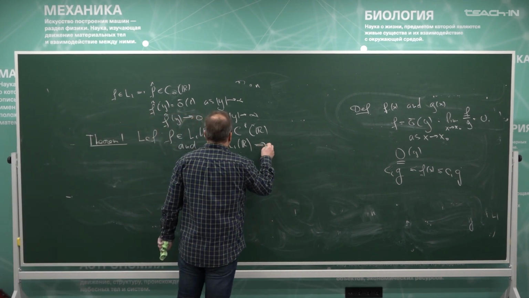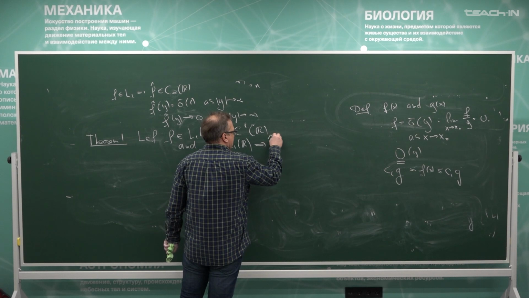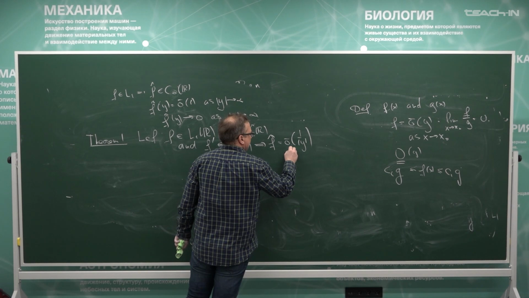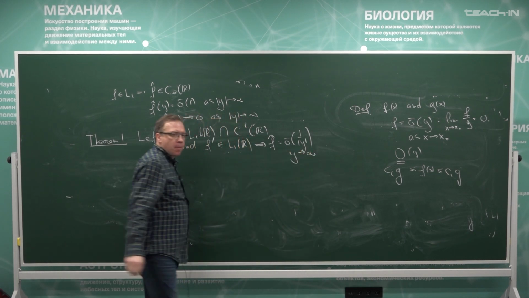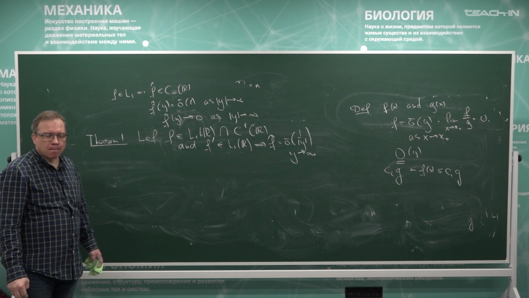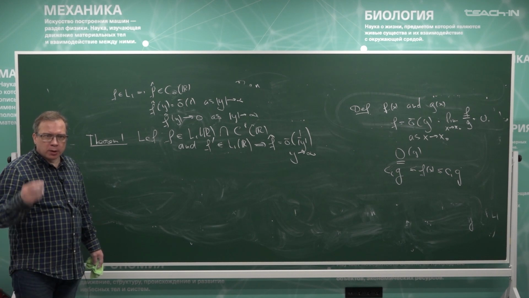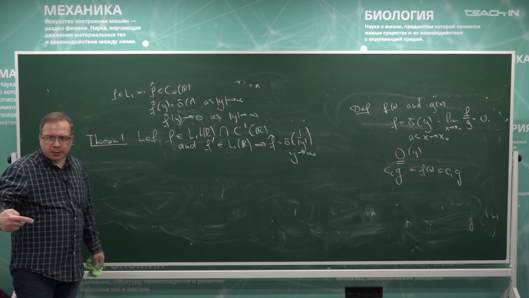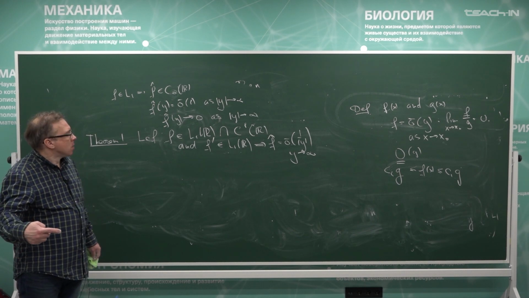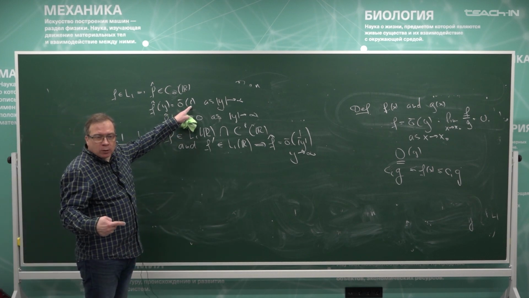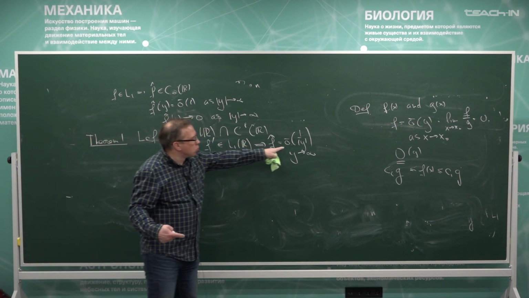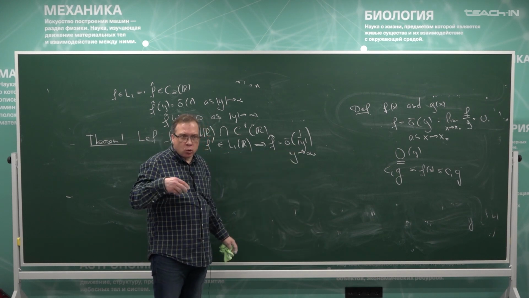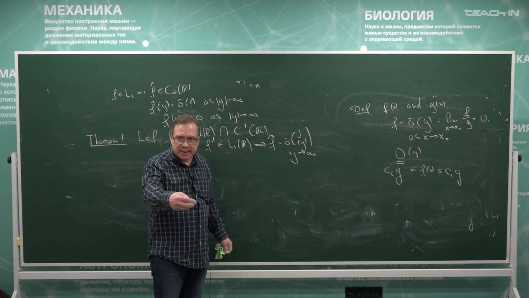Then f hat decreases faster. Before, it was only O small of 1, and here it is O small of 1 over y. So you have more precise information on its decreasing.